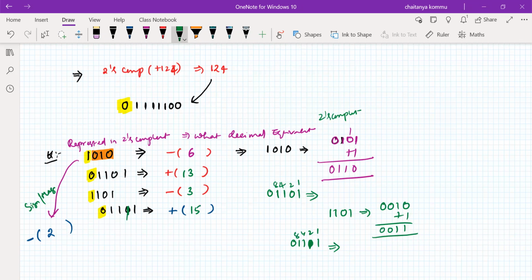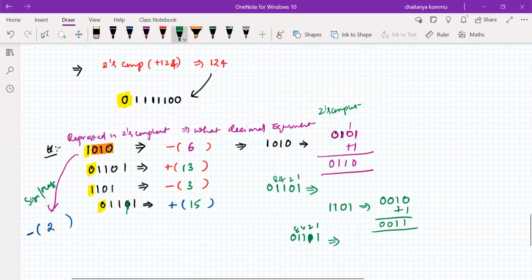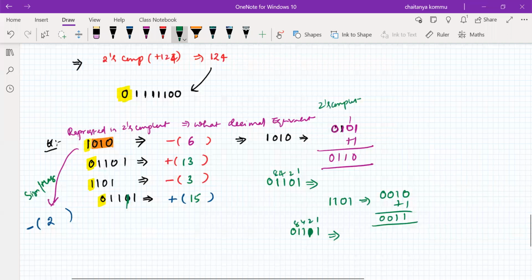Therefore, once we have a 2's complement representation, if you want to get the decimal value, identify the MSB, whether it is negative or positive. Based on that, we decide whether we have to perform the complementation or not. This is all about complementation. The complement arithmetic we will see tomorrow.